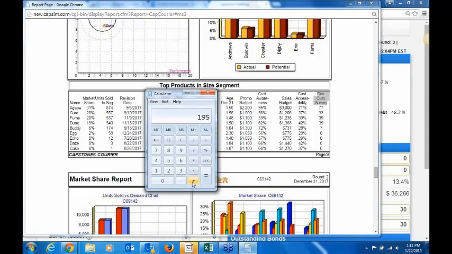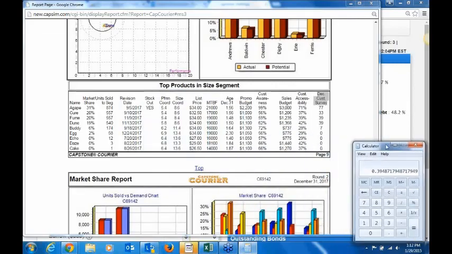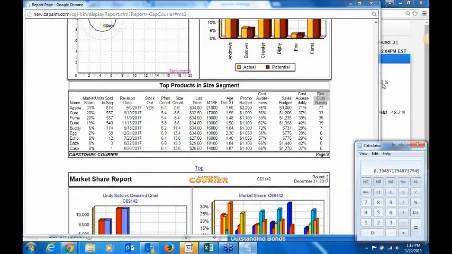What I then do is take my number, 77, divided by the 195, and essentially that says that in December I got 39.5% of the market.